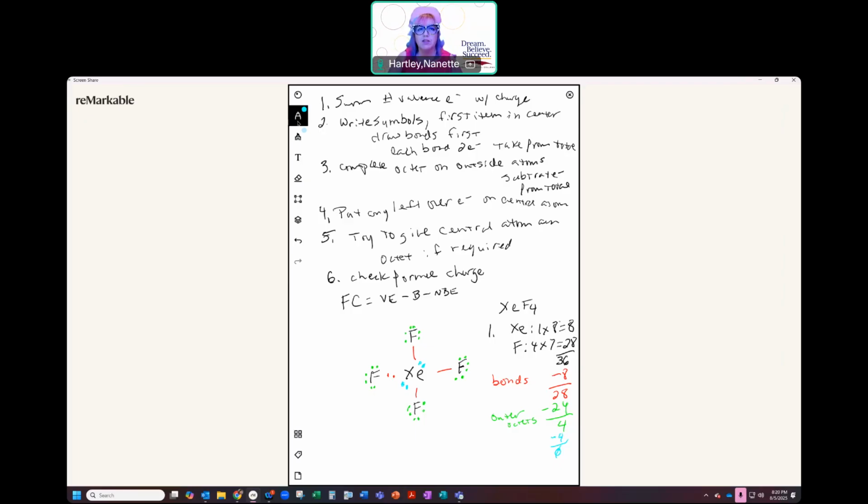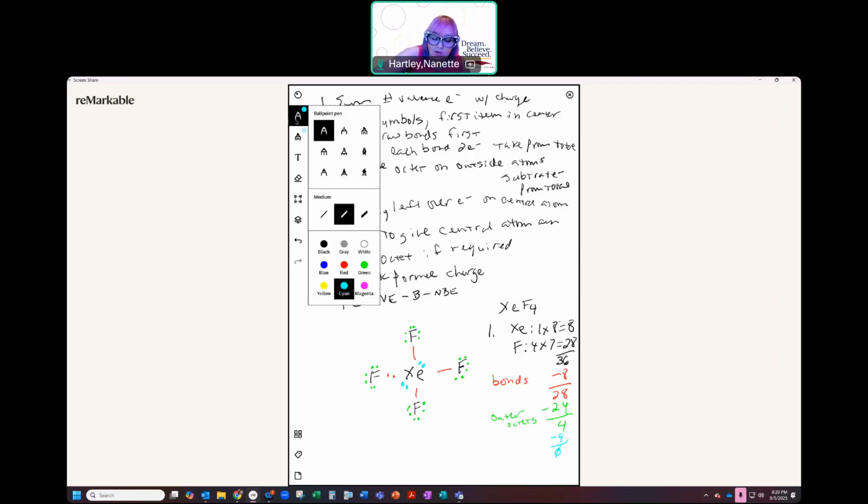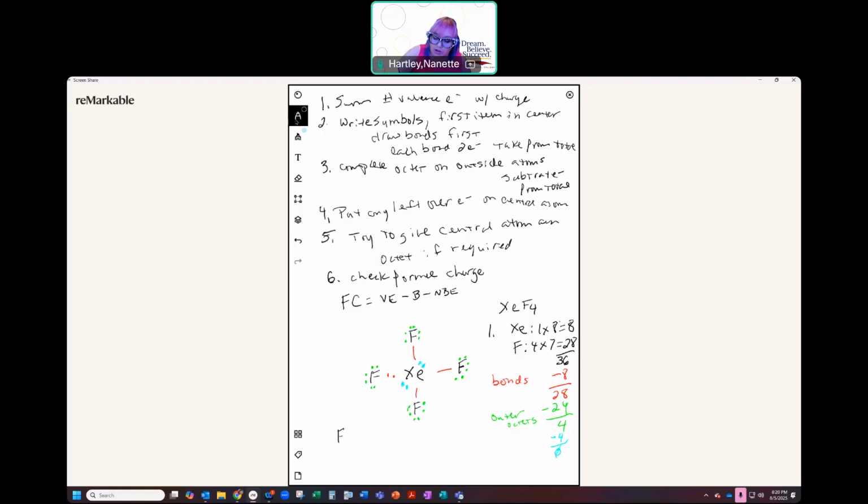There's one more thing that I need to do. And what I need to do here is come up here and calculate the formal charge. So I'm going to do the formal charge for Xe, and I'm going to do the formal charge for F. And because all of the F's look the same, they'll all have the same formal charge. The first thing I want to do is the valence electrons.